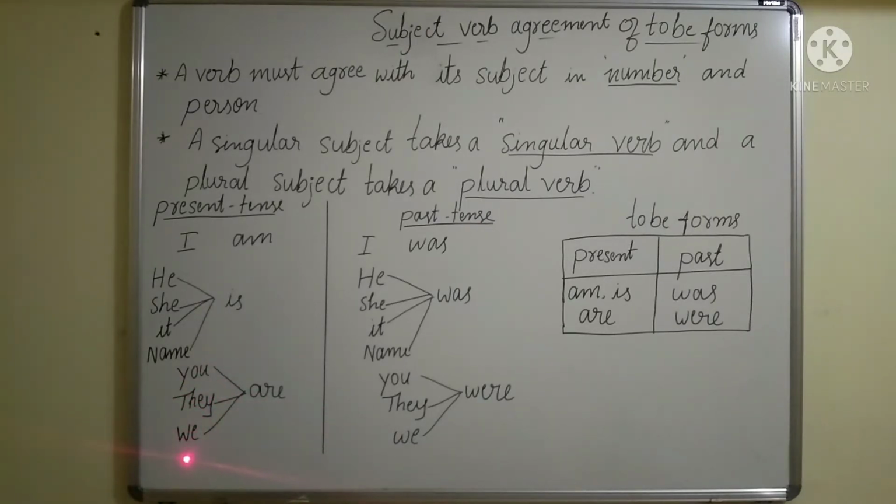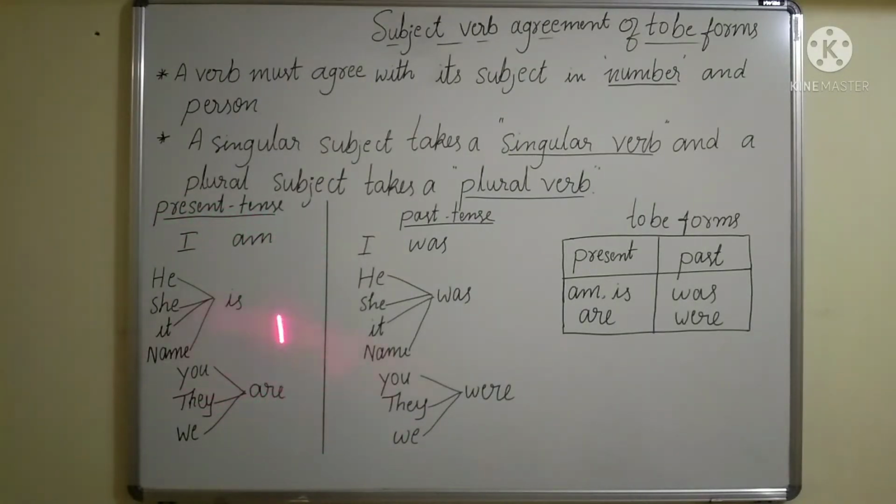And we is the first person plural subject. They is the third person plural subject. You is the second person plural subject. So with these subjects we will use are when we talk about present events.